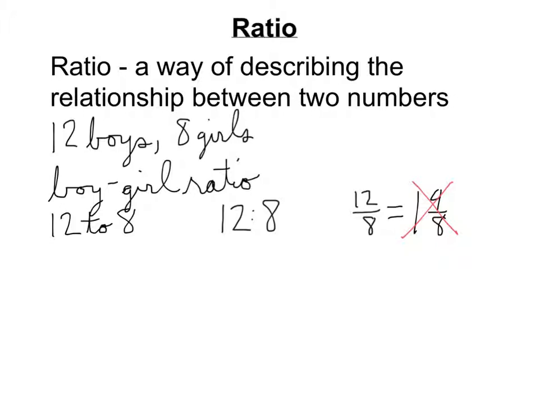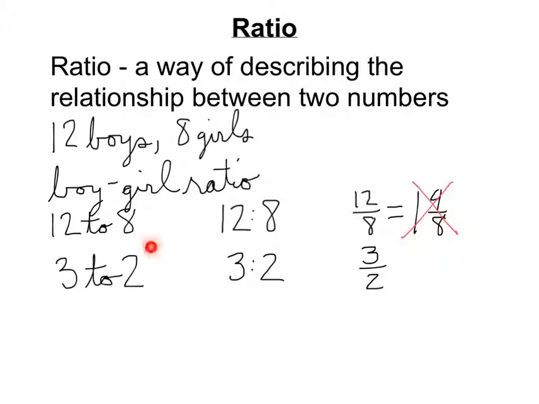Now, with that being said, since it is a fraction, or can be written as a fraction, that means that we can also reduce our ratios. So, if I divide both of those by 4, I end up with 3 over 2, which means that this would also be a 3 to 2 ratio, or 3 to 2.